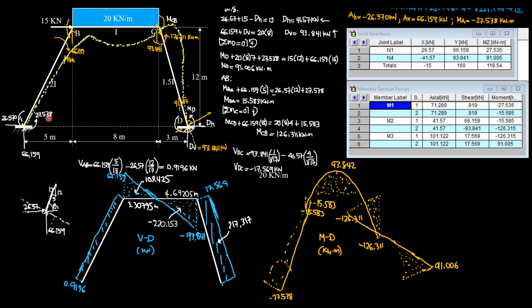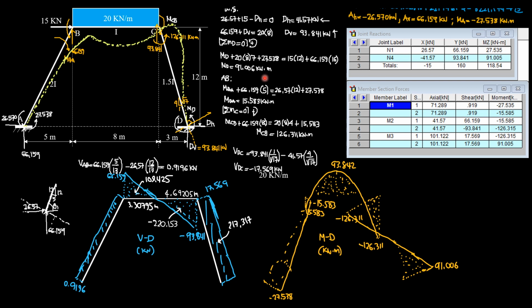Then plus 27.538, which is moment at A, then equals 15 times 12, moment at D, plus 66.159 times 16. 5 plus 8 plus 3 is 16. So moment at D is 91.006 kilonewton meter. In the software, it is 91.005. So that's fine. They are practically the same.